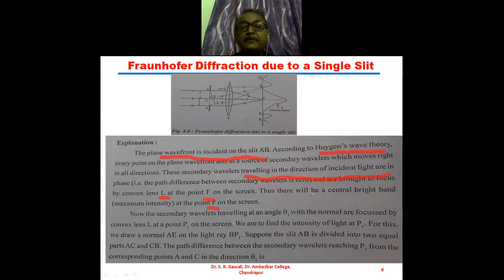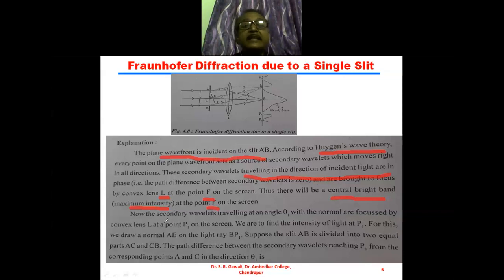Therefore there will be a central bright band or maximum intensity at the point F, and that is why we get maximum intensity at the point F, and therefore I have shown the graph like this which has the maximum intensity. Here this distance is larger, which is why it is called the maximum intensity compared to the other bright bands. This is the central bright band, or the central maximum intensity at the point F.